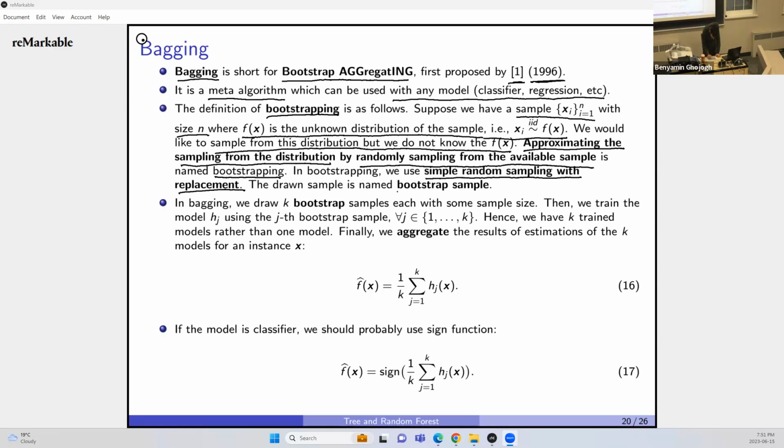And the drawn sample is named bootstrap sample. In bagging, we draw k bootstrap samples, each with some sample size. Bagging is short for bootstrap aggregating. Then we train the model h_j using the jth bootstrap sample, where j goes from 1 to k. What does it mean? We have k models, and these models are either the same model or different models.